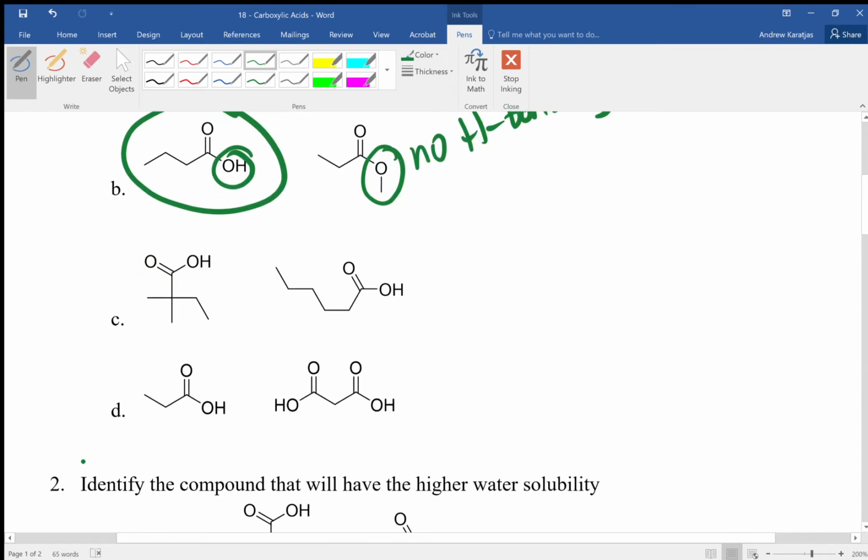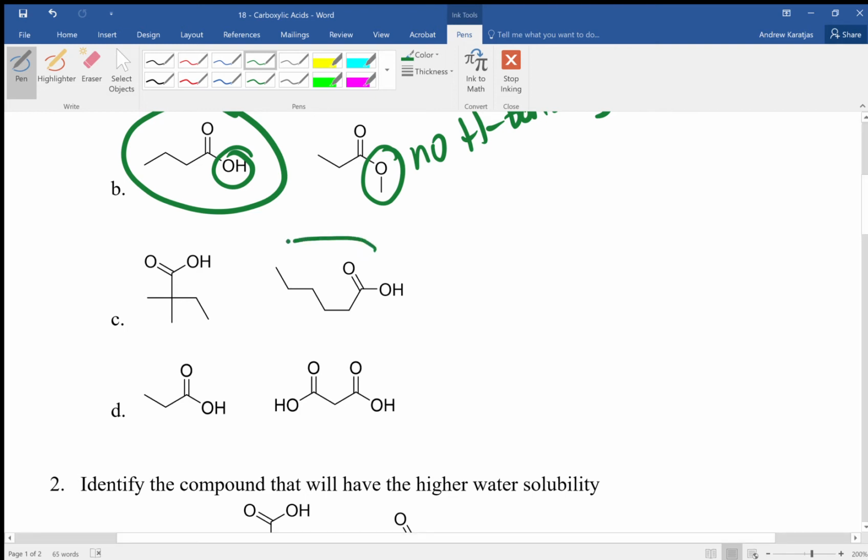Part C, we have a pair of carboxylic acids, and if we look carefully at the number of carbons that are attached, we see that they're the same. Both of them have 6 carbons attached. So now it becomes a question of how those carbons are arranged. And we know that straight chains are generally able to pack better than branched chains.